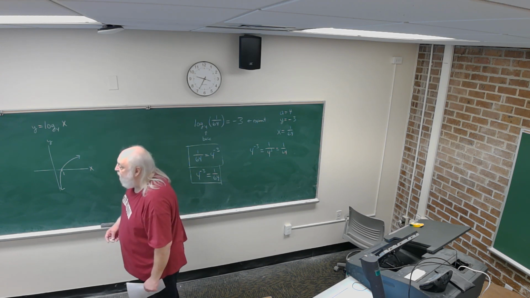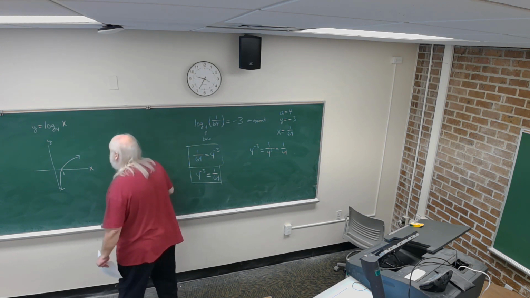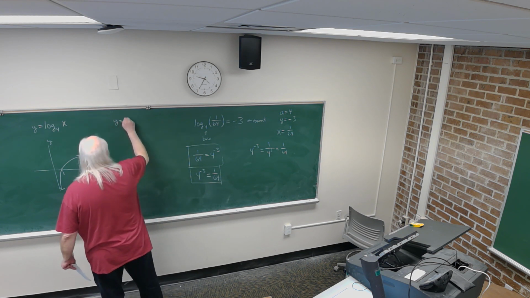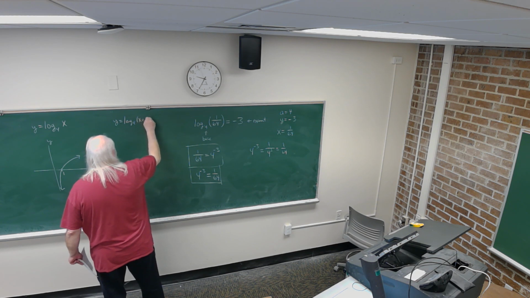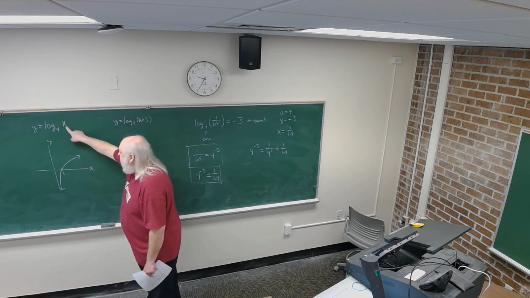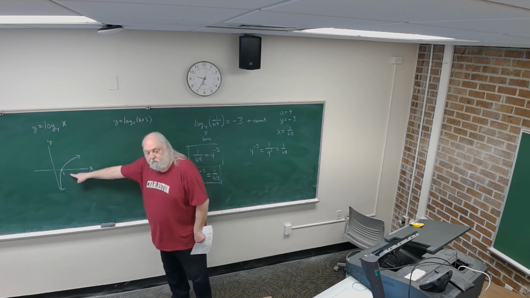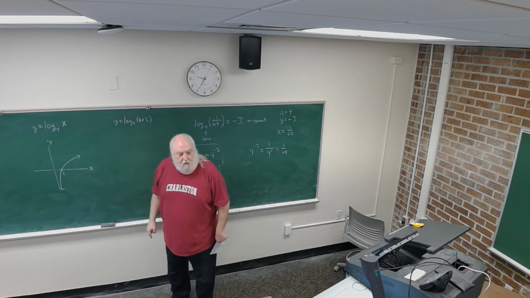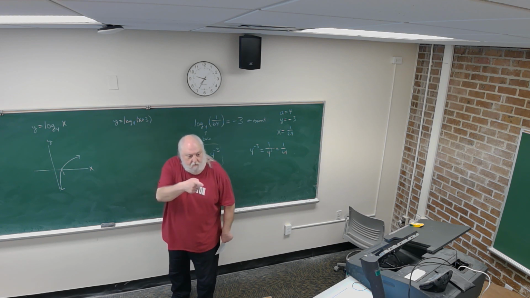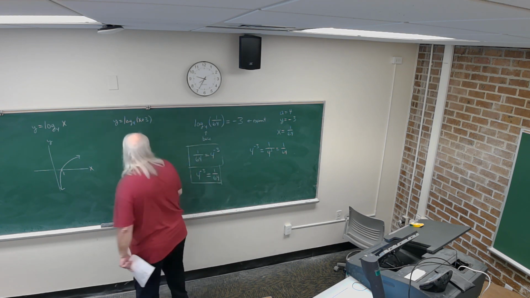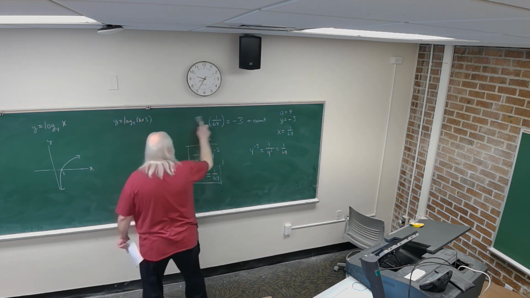And then if I replace x with x plus 3, what does it do to this graph? Shifts it which way? To the left 3, right? So it shifts the graph to the left 3.